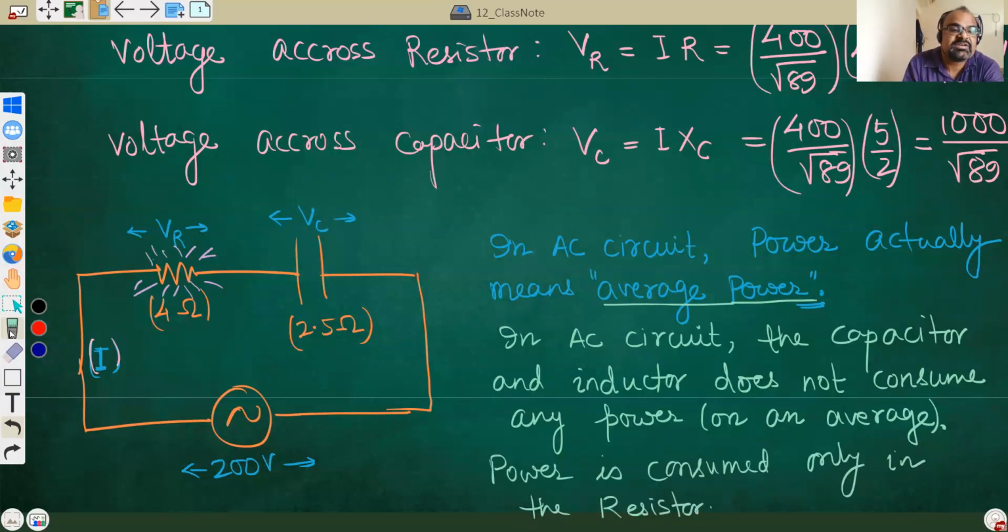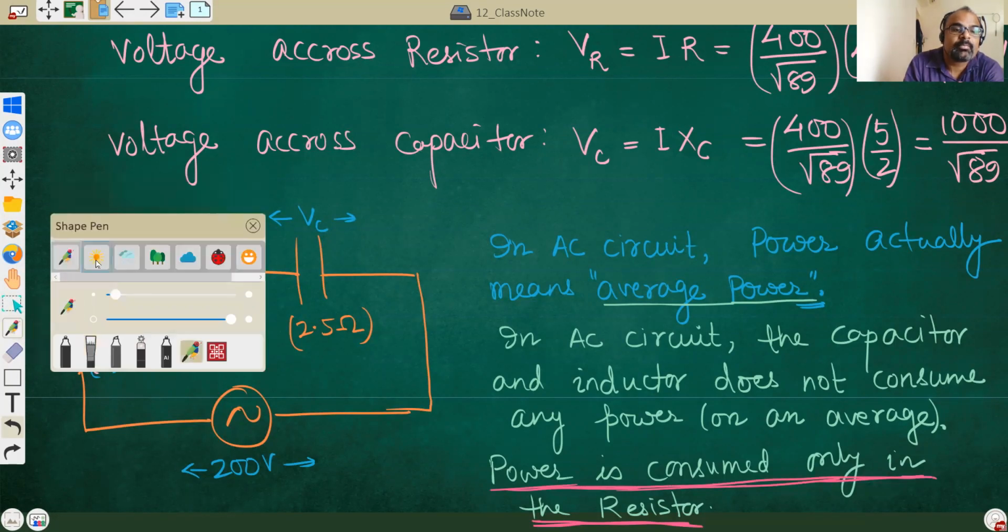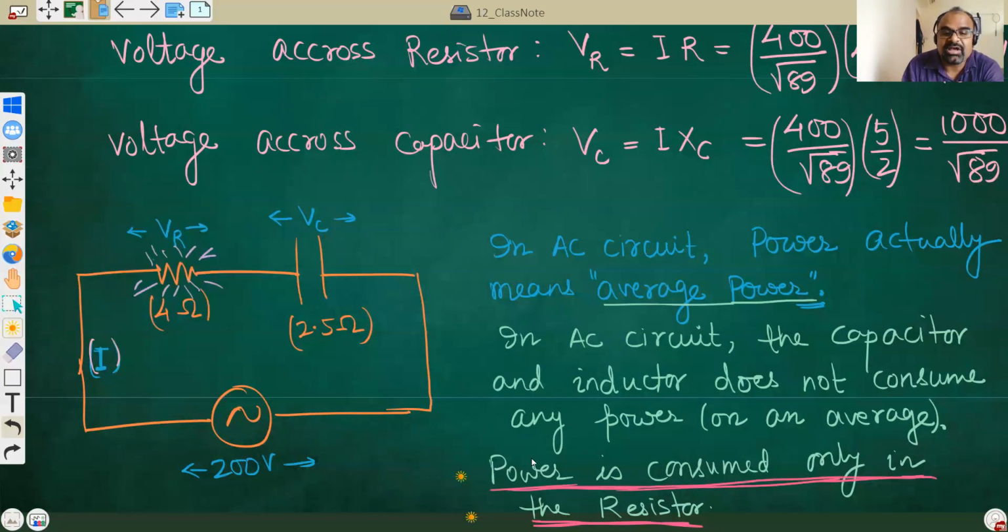Okay, this is a very important statement. Let me highlight this statement and put some star marks over there. Power is consumed only in the resistor.